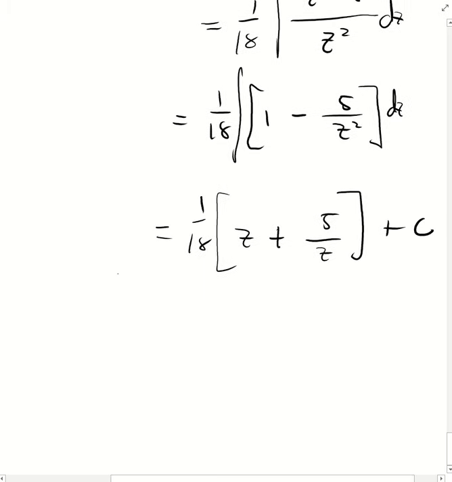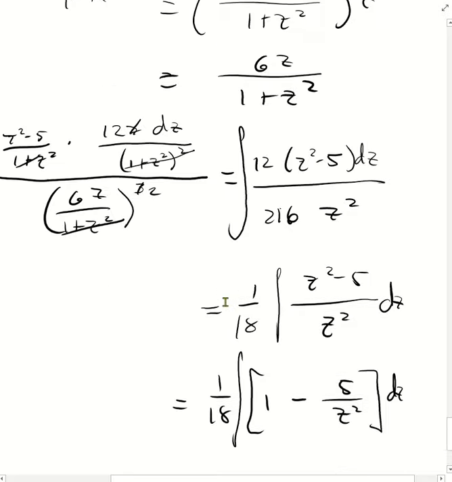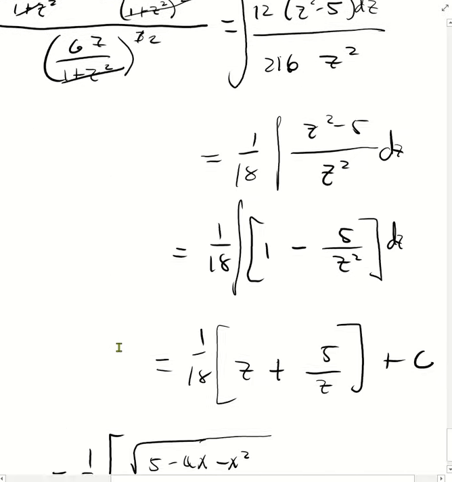So this will be 1 over 18 times that z, square root of 5 minus 4x minus x squared all over 1 minus x, correct.